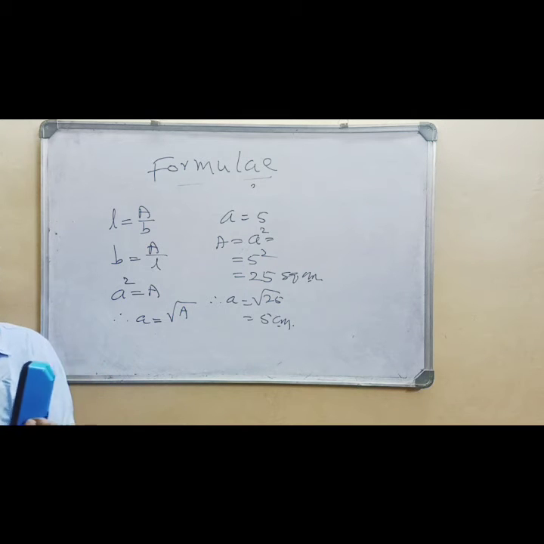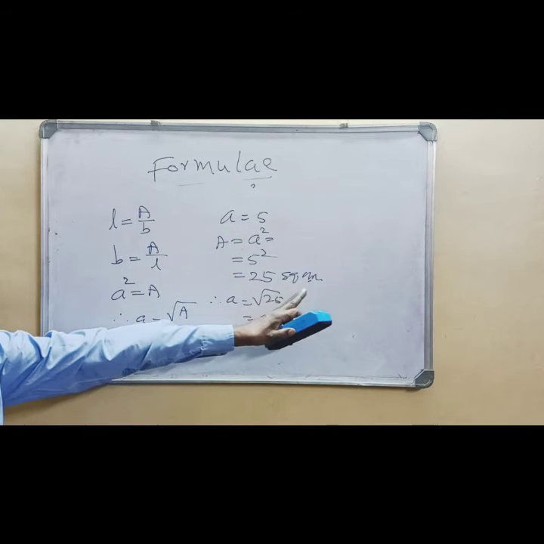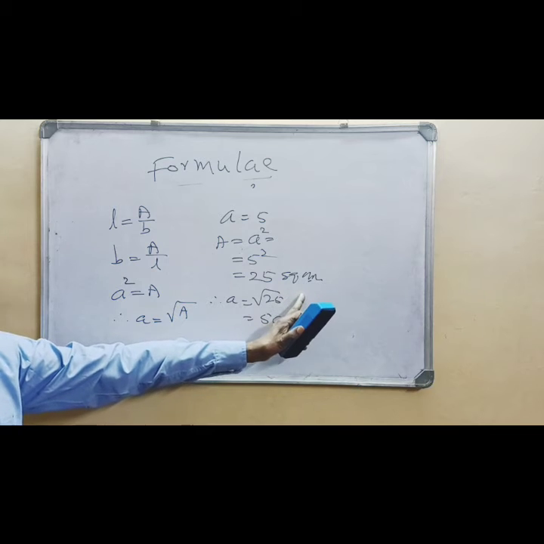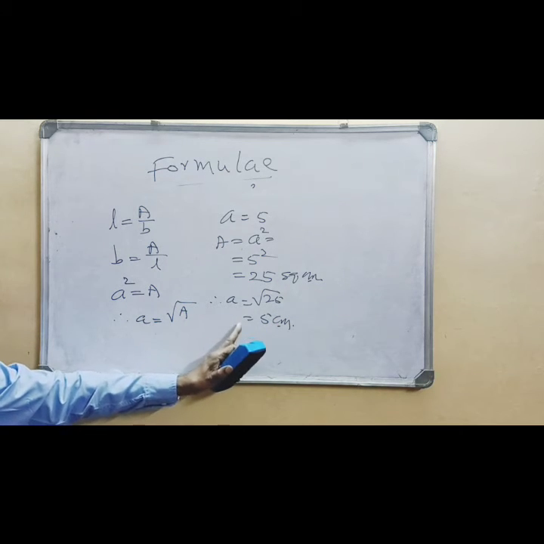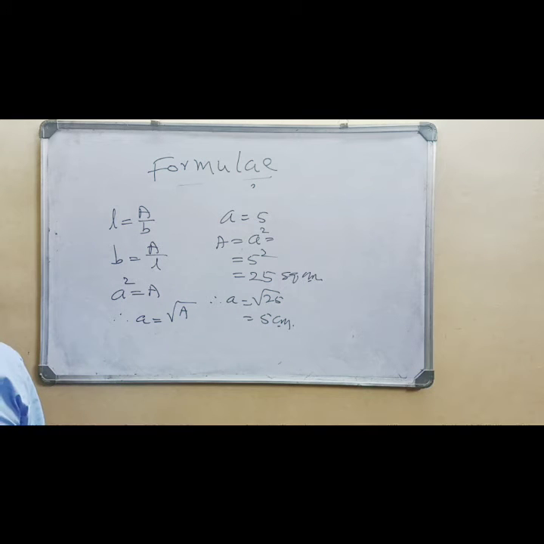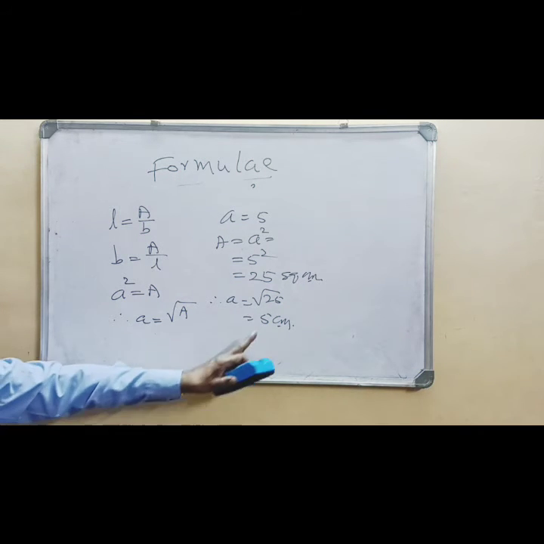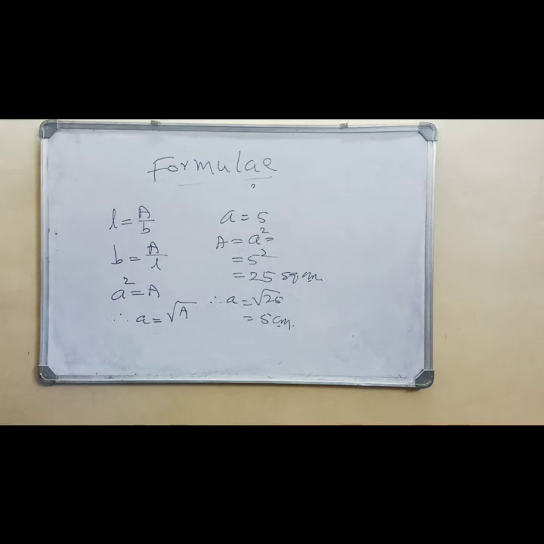Areas are measured in terms of squares. How many squares are there? So always area is written in square centimeters, square feet, square meters, and the side is the square root of A, square root of 25, which is equal to 5 centimeters. This is how we can make use of formulae wherever we want.